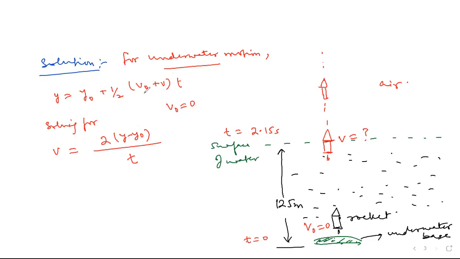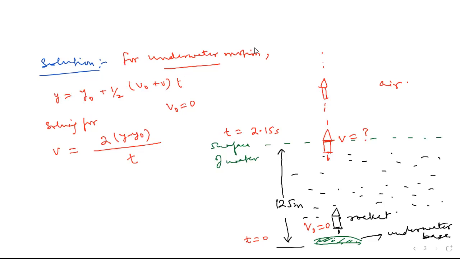V naught is 0, this will go, then we will get y minus y naught times 2 over t is our v. So we have solved for v, twice y minus y naught over t.